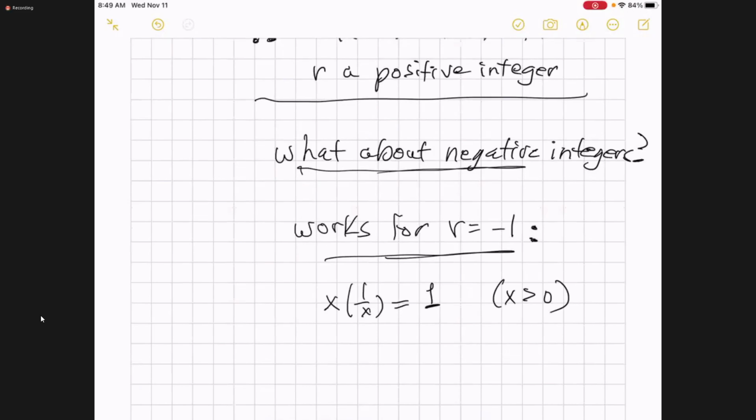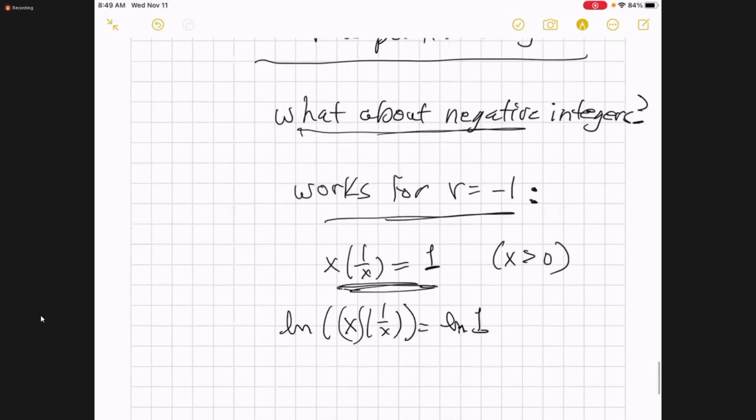And okay, ln of x times 1 over x then is ln of 1. So I'm kind of coming in the back door here. I just note that this is true, and then ln of the left side is equal to ln of the right side. Well, the ln of 1 is 0.